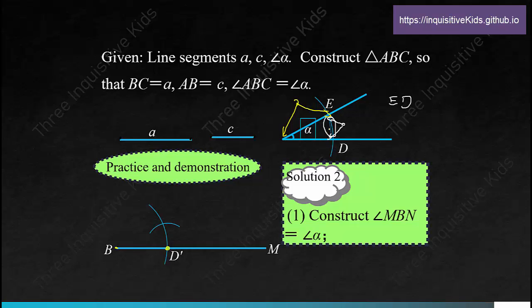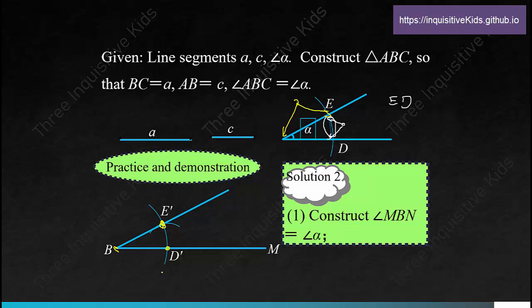And then we take, in the white compass over here, the length of ED. We make an arc from point D prime. And where that intersects is E prime. Then we connect B and E prime and we draw right through it.